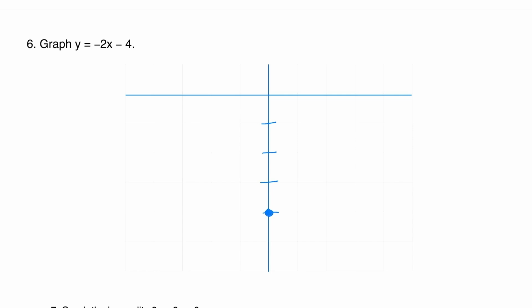And from that point, we are going to go down 2 to the right 1. So we're going to plot our second point right here. Now all that we have to do is connect our dots. And we'll do it as best we can. But it's going to look something like that.